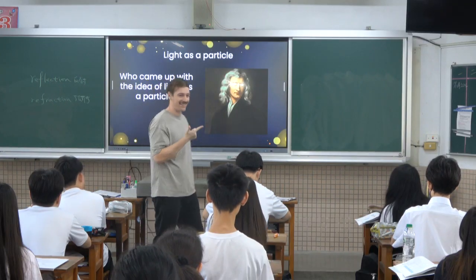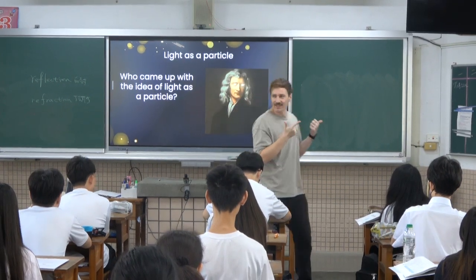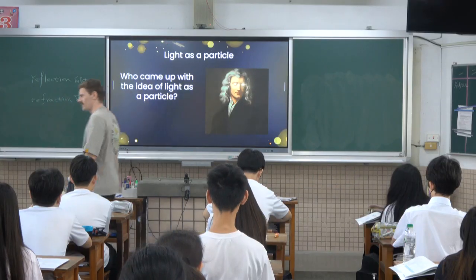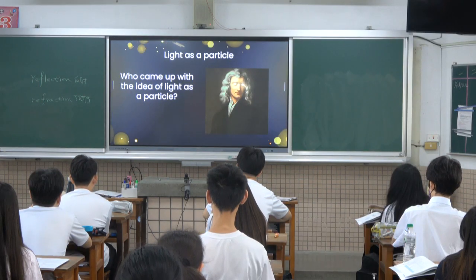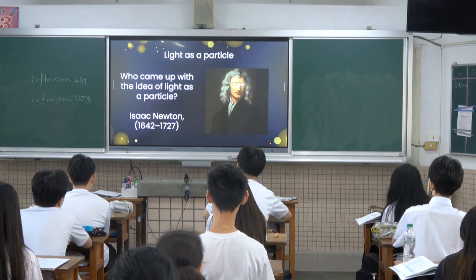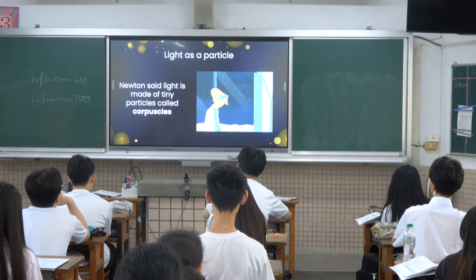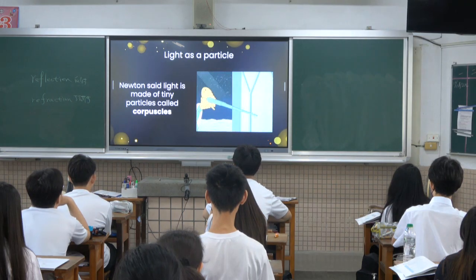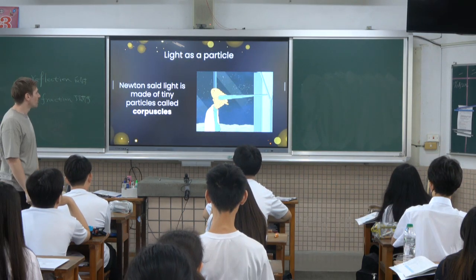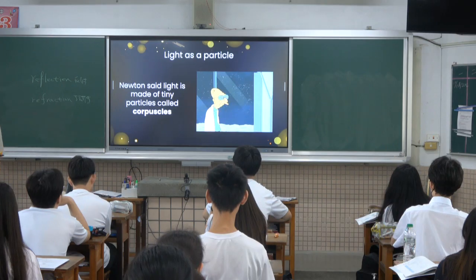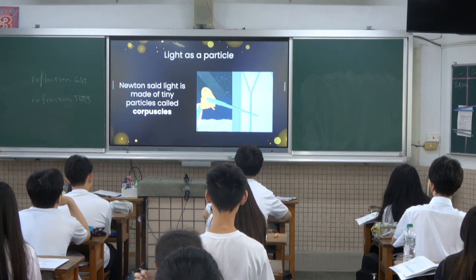Gravity, and then I think last time, force, right? His three laws, Newton's laws. Okay, so Isaac Newton, and he also did some work on light. So Newton said light is made of tiny particles called corpuscles. Right? Very small particles.